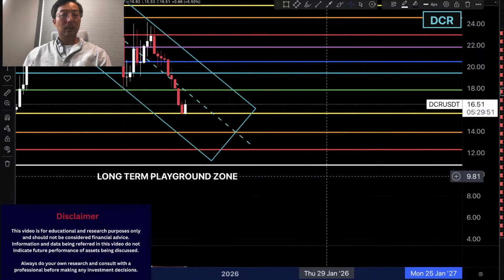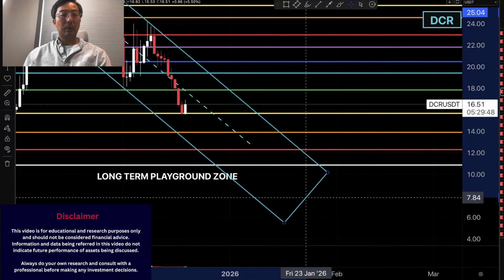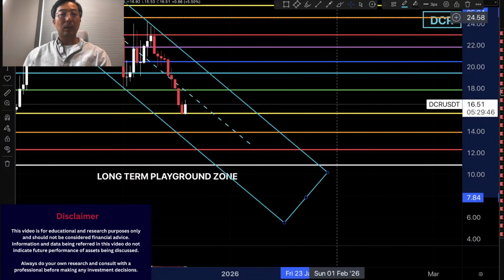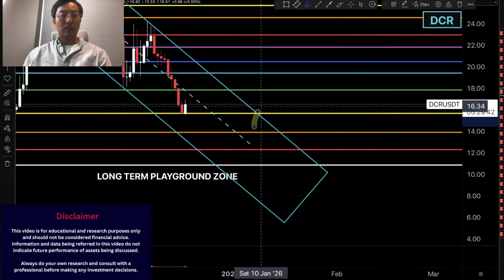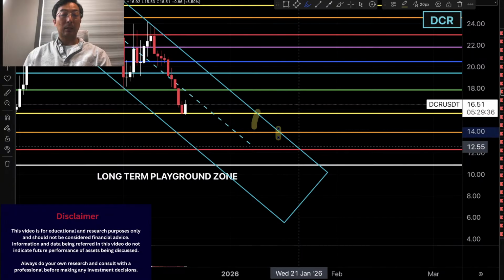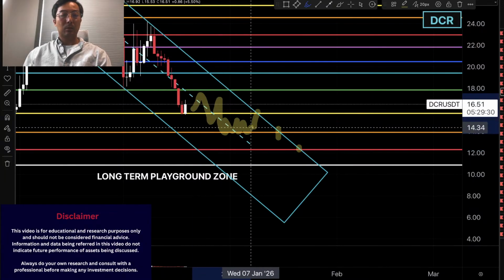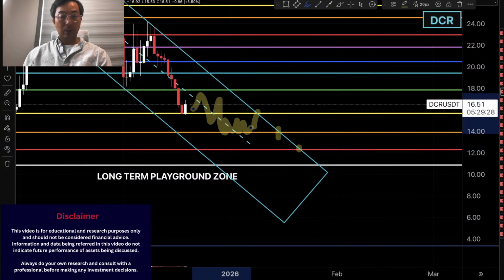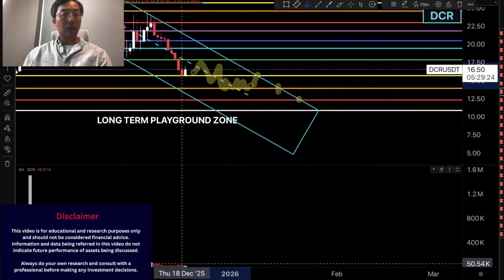So if we extend the air hockey table, the top edge of the table points to these dates. First one around January 8th or 9th, the second the 15th, exactly mid of Jan, then another week later. Depending on where the price heads, by looking at the volume, it's got to a very low level.